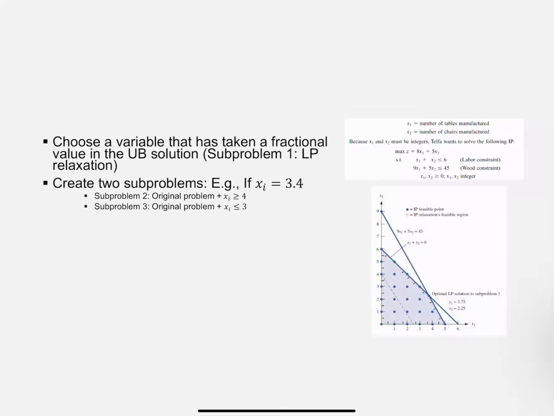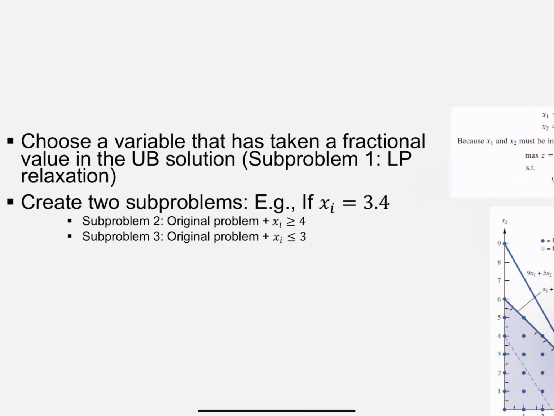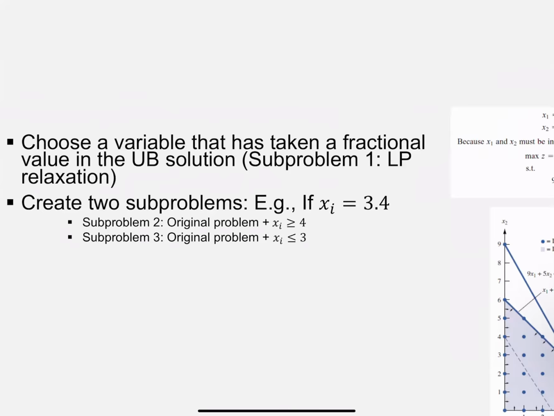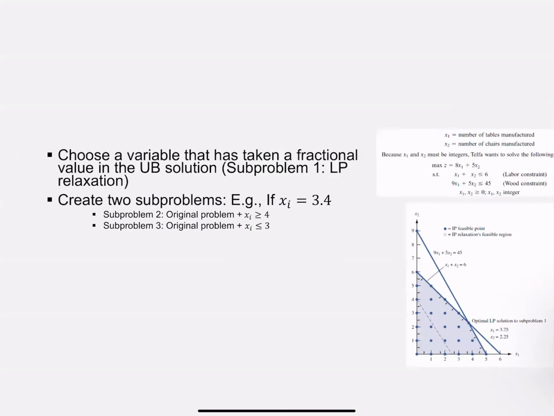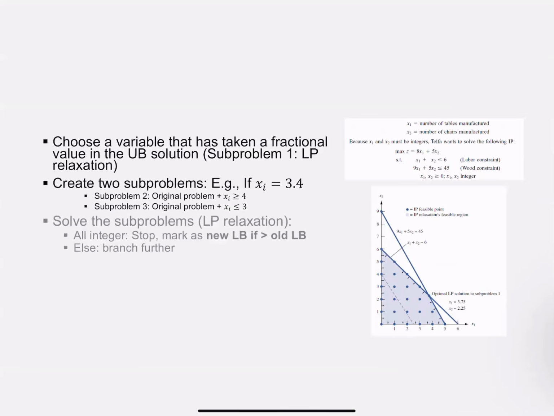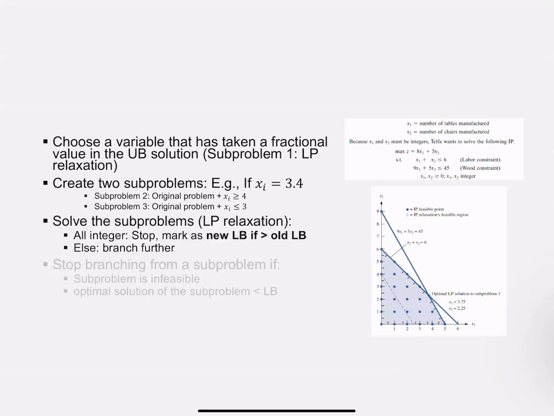Create two subproblems: the original problem plus x1 greater than or equal to 4, and the original problem plus x1 less than or equal to 3. Two new problems. Solve the subproblems, the LP relaxation versions. If it's integer, stop and mark it as a lower bound. And then branch further if possible.